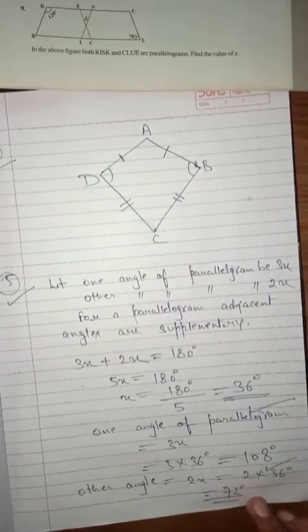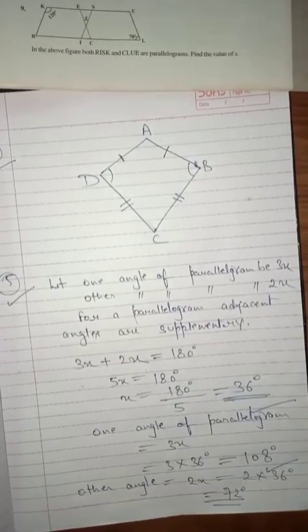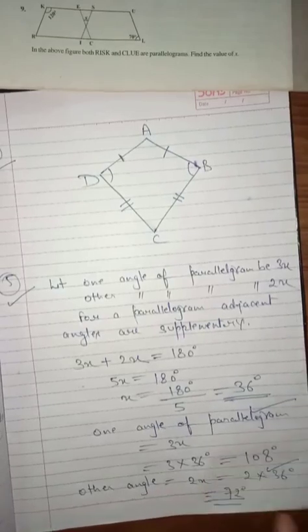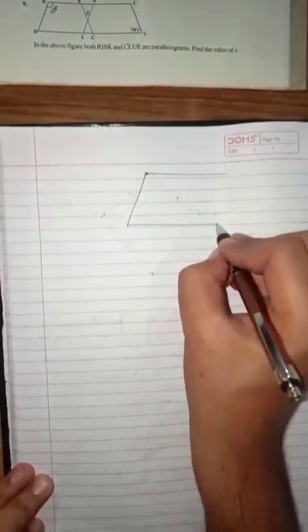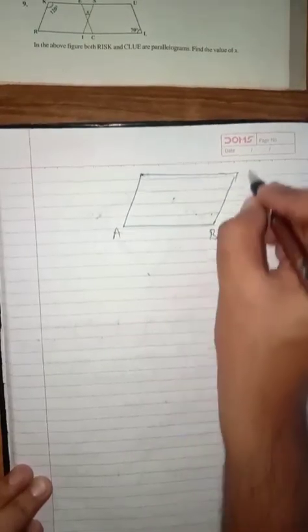Now students, sometimes students become confused that we have calculated two of the angles, but what they have asked in the question is to find the measure of each of the angles. So students, that's very easy. Suppose we have drawn a parallelogram, and say the name of the parallelogram is ABCD. Which angle seems to be the greater one, greater than 90?